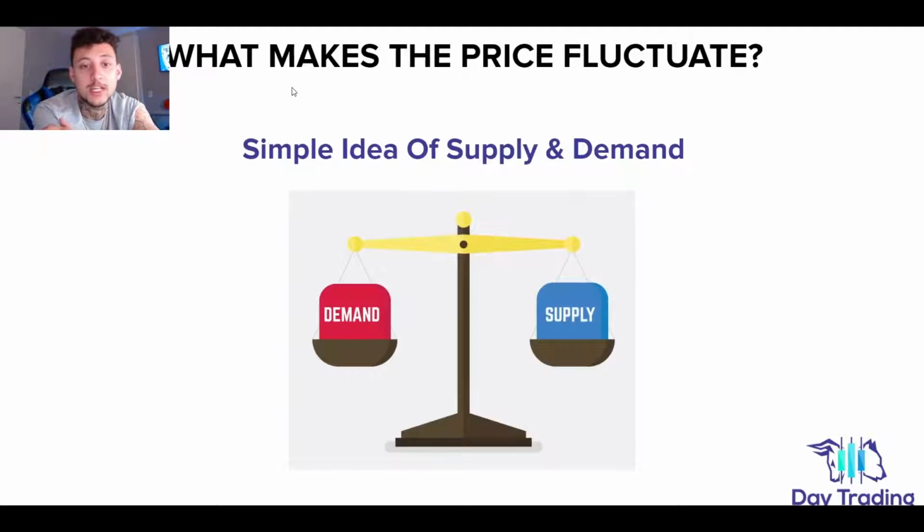So what actually makes price fluctuate? The only reason price moves is simply supply and demand. Let's just say a total of 100 new pairs of Jordans are for sale, and each Jordan sells at $100.